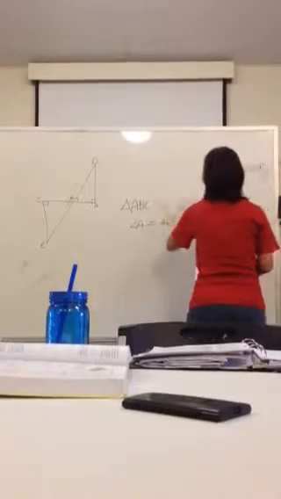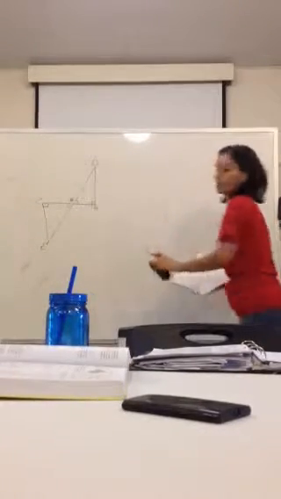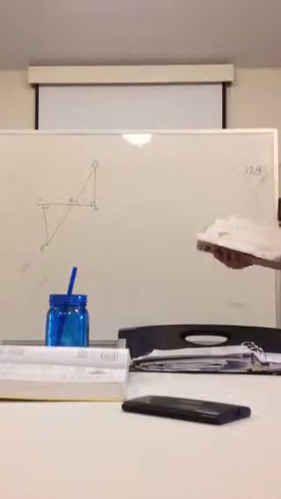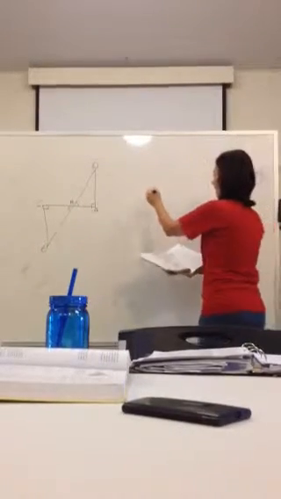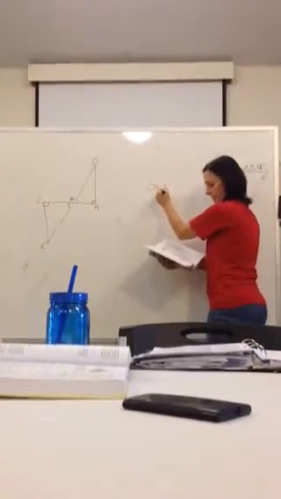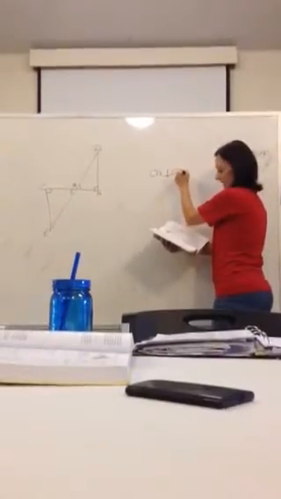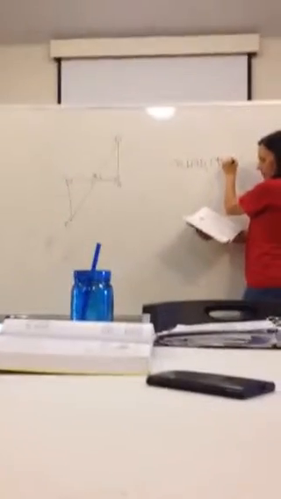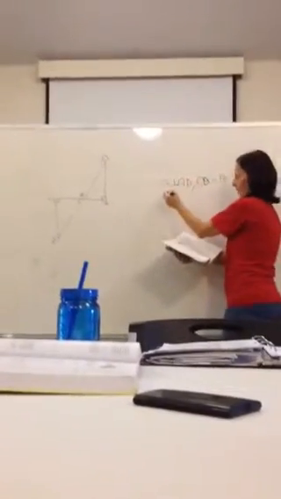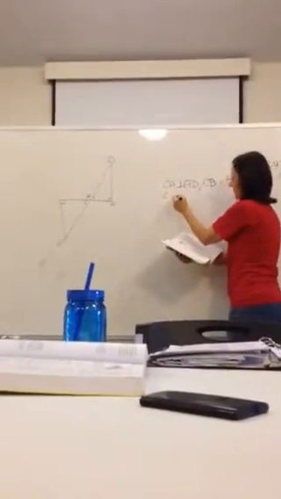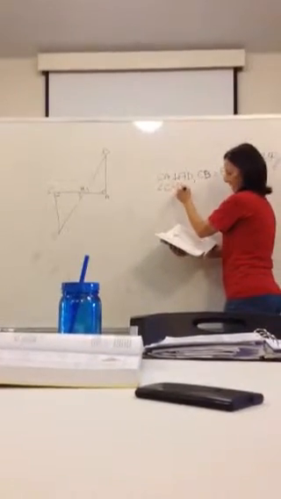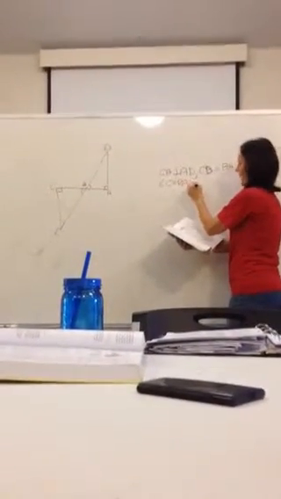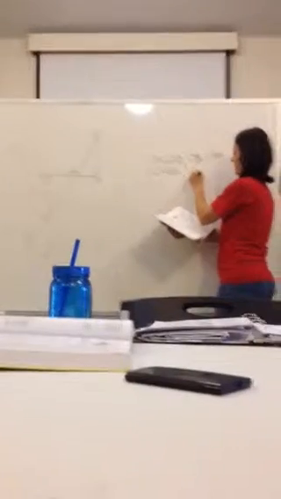In every proof, you will always start with what's given and try to figure it out. So we have given that CA is perpendicular to AD and CB equals BA. We have angle C is a right angle. And we have 2 vertical angles, right? We have 2 vertical angles.